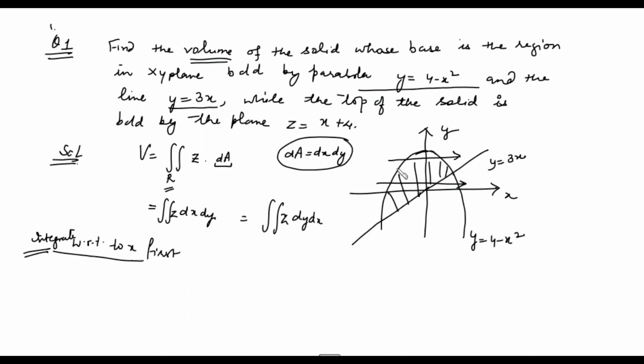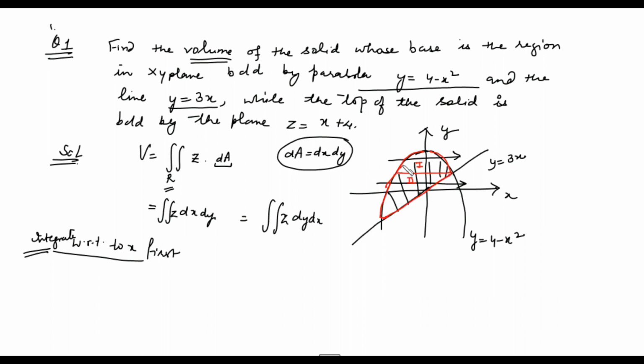So here the region, with respect to x, splits into two regions, region 1 and region 2. In region 1, if you take a parallel line, it always varies from here to here, and in region 2, it always varies from this curve to this line.